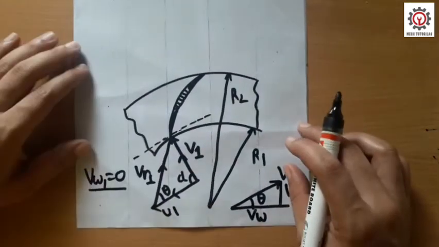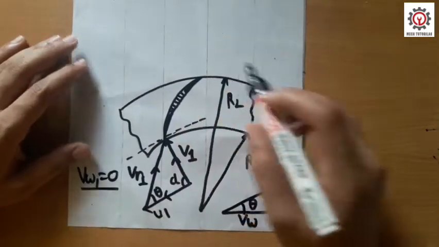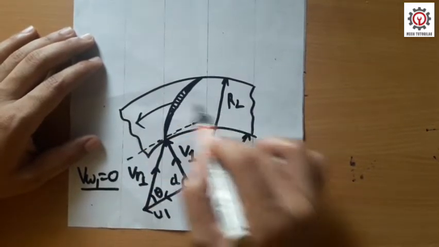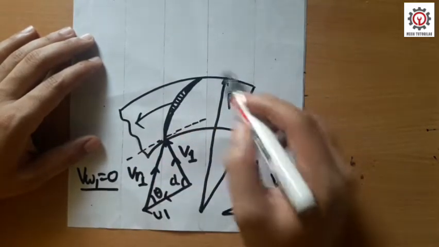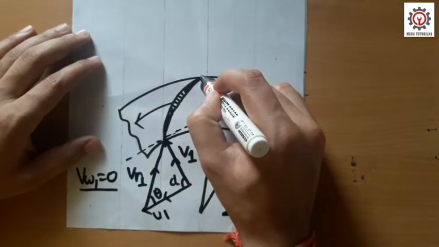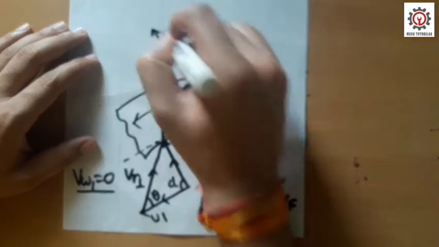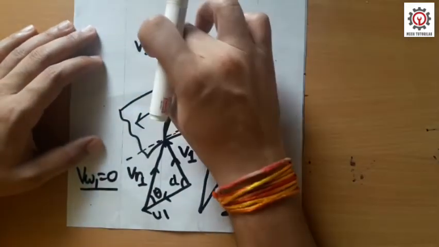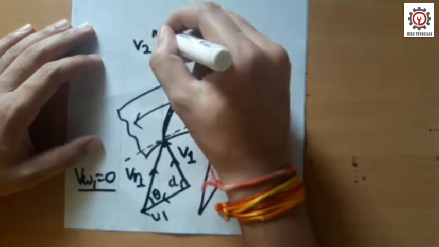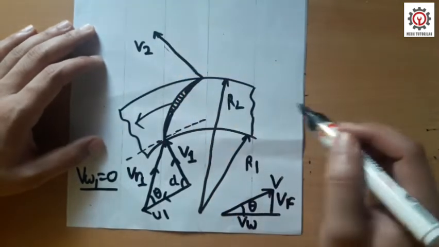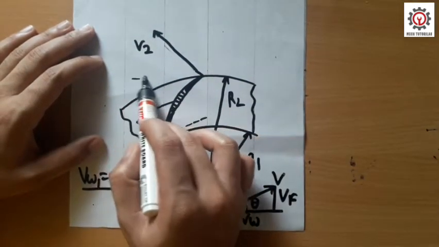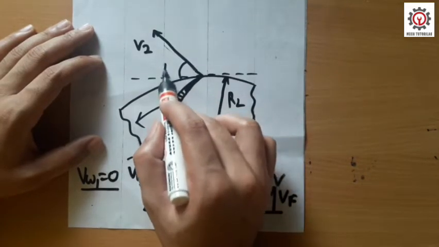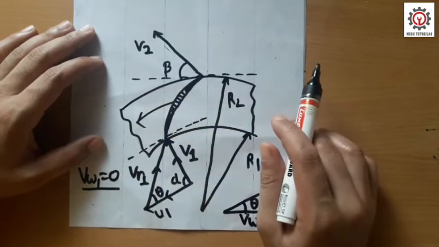All right, now this is all about inlet. Now come to outlet. Let's assume this impeller is rotating anti-clockwise. So in this case, water leaves this curved vane with velocity v2, and we can see that this is making an angle, let's say beta, with this tangent on this curved vane.